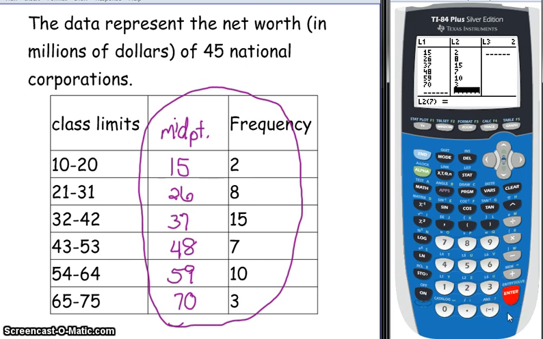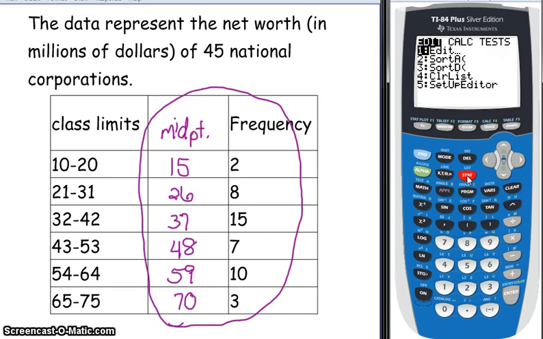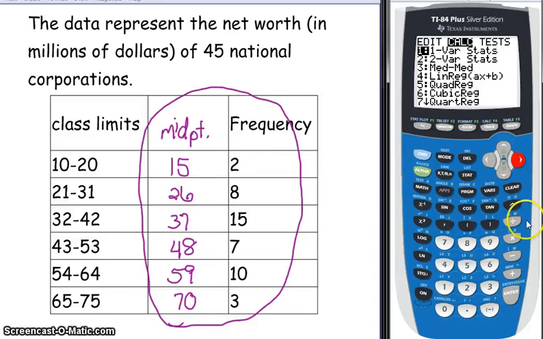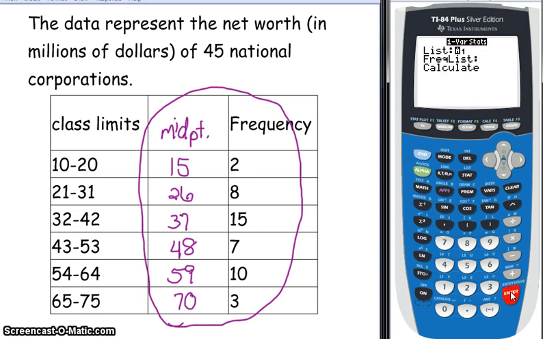Now, to calculate the mean for this data, we go back and press the stat key. Remember, under calculation, we arrow to the right, 1 variable stat. We're still working with 1 variable. The variable of interest is the net worth in millions of dollars. So we're going to choose 1, and that's enter. The list we're working with in list 1 is the midpoint.